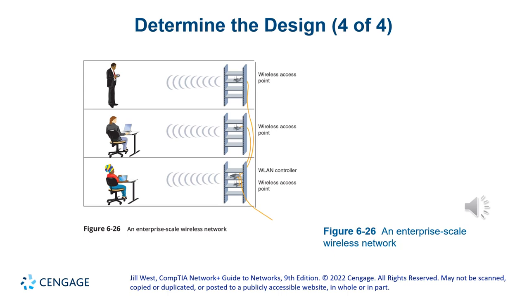And even then, when they show this, they don't show you how big the room is. So chances are that if you put it all the way to one end, you are wasting some signal that is going into the wall or outside the building. The walls will block it, so it's not going to go outside the building. So you might want to have those access points move towards the middle.